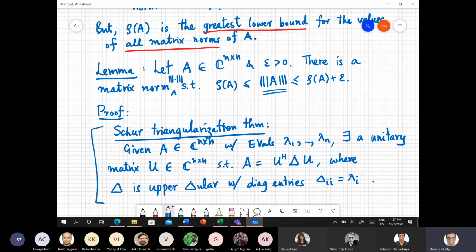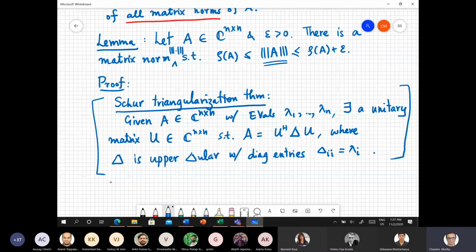Okay, so this is the result that we will use. Any n cross n matrix can be decomposed as U Hermitian delta U, where U is a unitary matrix and delta is upper triangular with the eigenvalues along its diagonal.